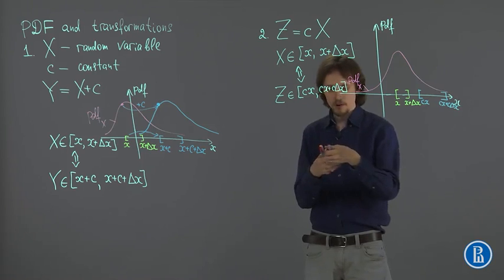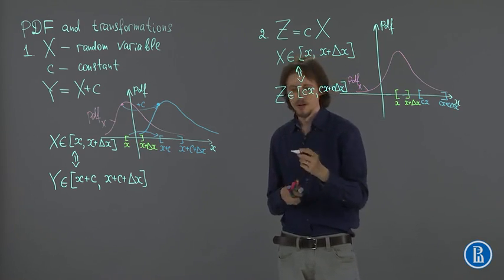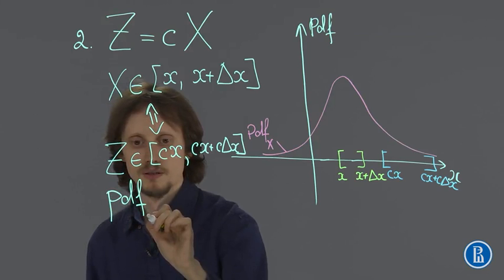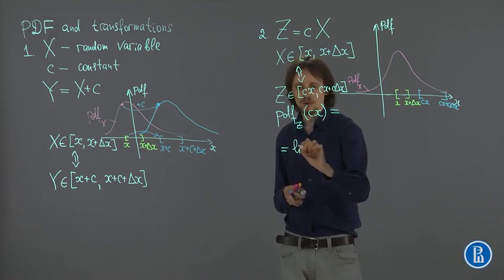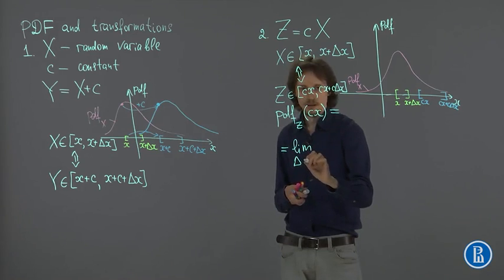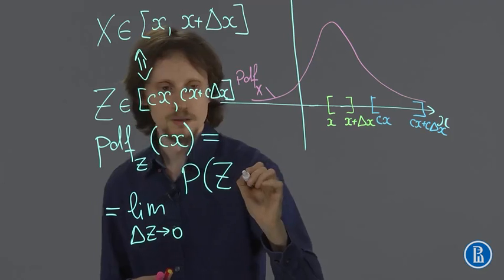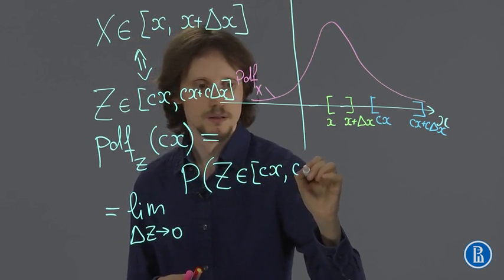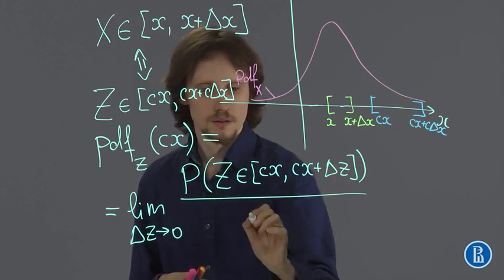So when we write that we are interested in the probability density function of z, we have to write that, for example, the PDF of z at point cx is equal to the limit as delta z tends to 0 of the probability that z is in the segment from cx to cx plus delta z, over delta z.